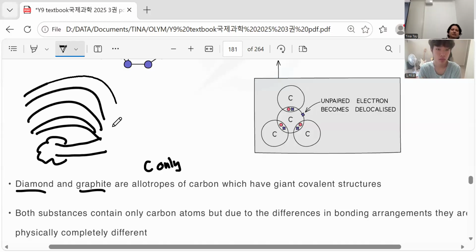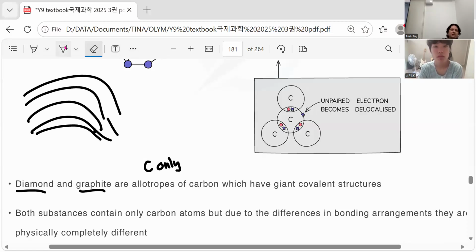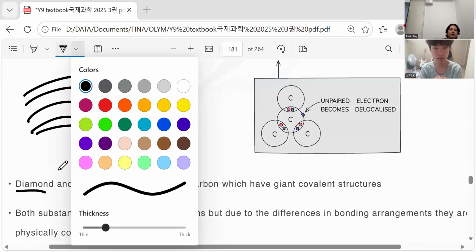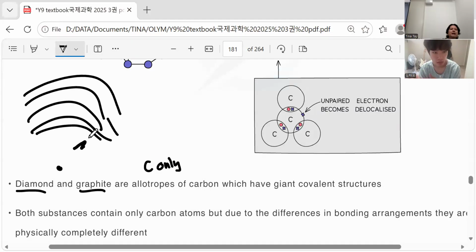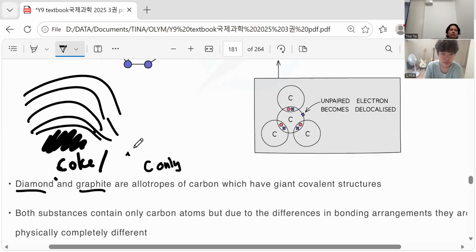Because there is no oxygen and no water inside there, all the material, made from carbon, will eventually be compressed and become black-colored coal. So this is what we call coke or coal.